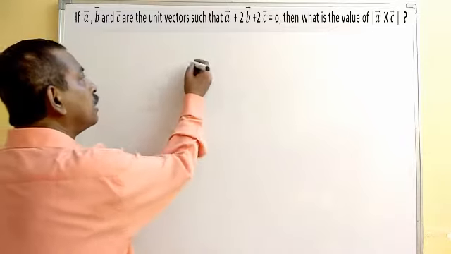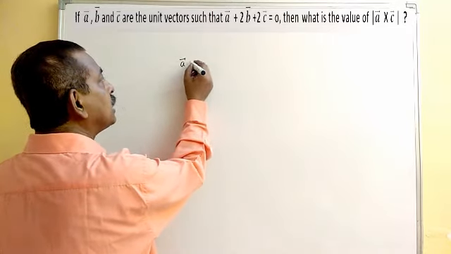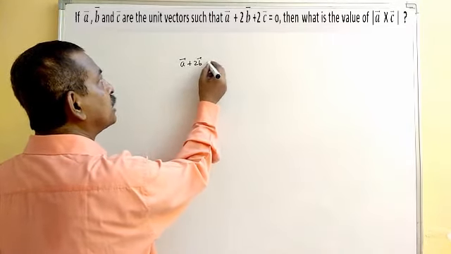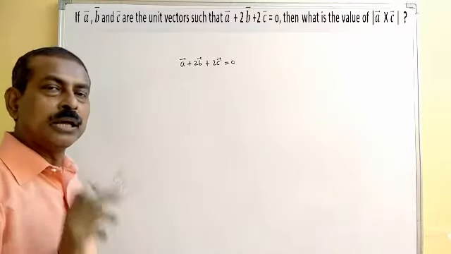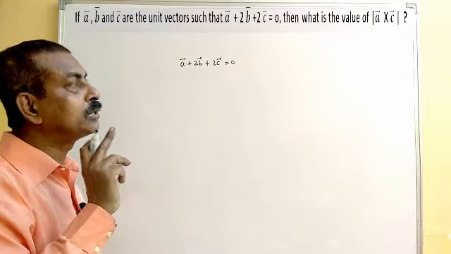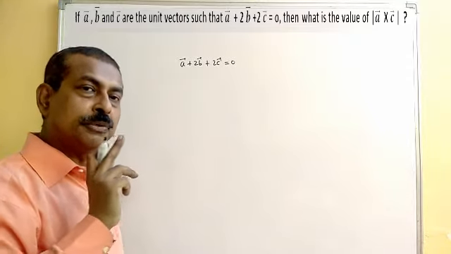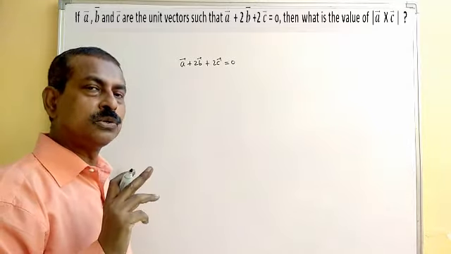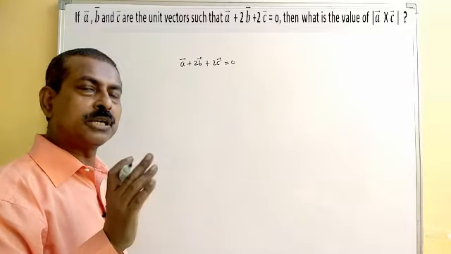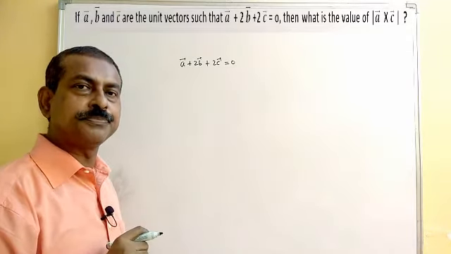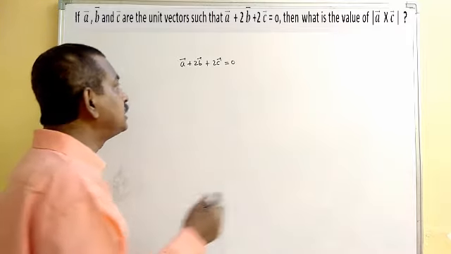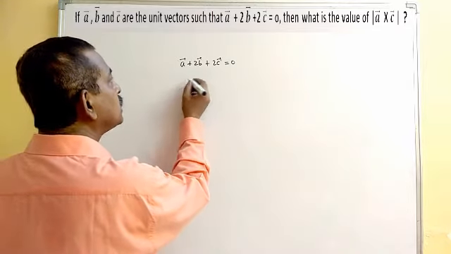So how will we proceed? It is given that vector A plus 2 times vector B plus 2 times vector C is 0. Remember, you have to find the cross product of A and C. So somehow we should have the terms A and C there so that we can take their cross product. So let's see this.